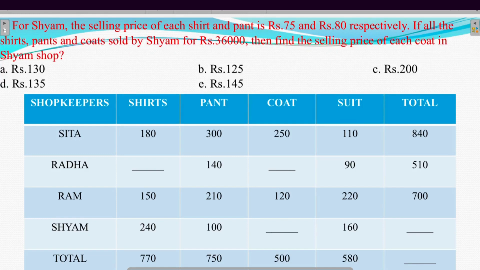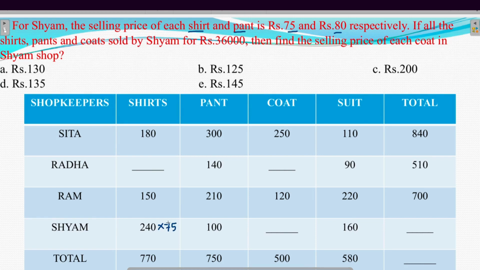Now first question. For Sham, the selling price of each shirt is 75, each pant is 80 rupee. Sham sold total 240 shirts. One shirt cost is 75.